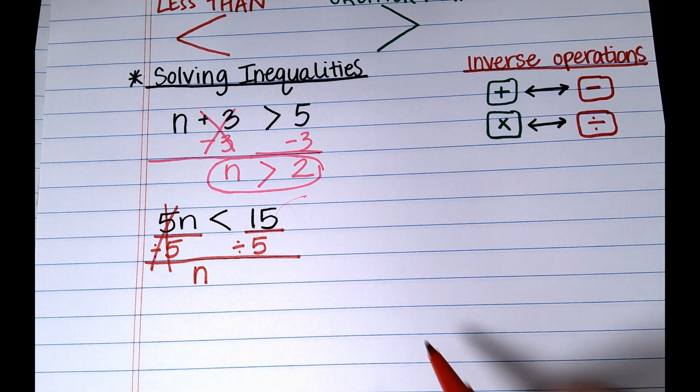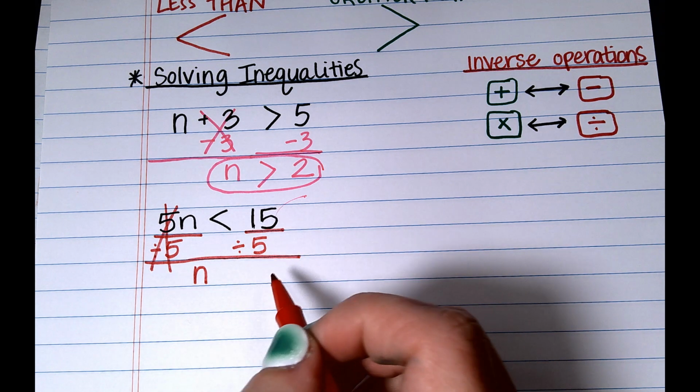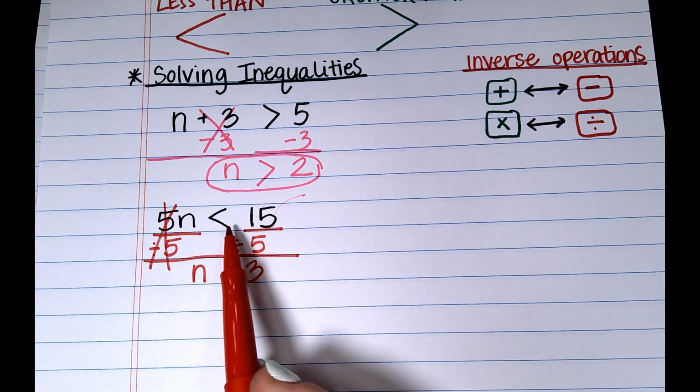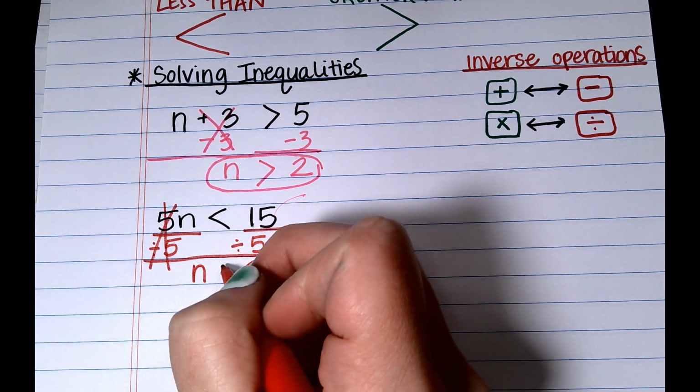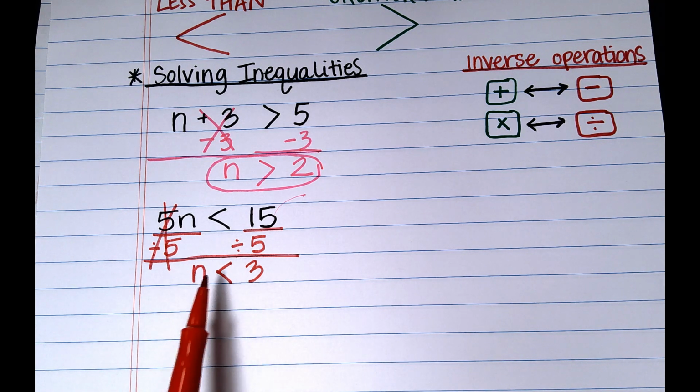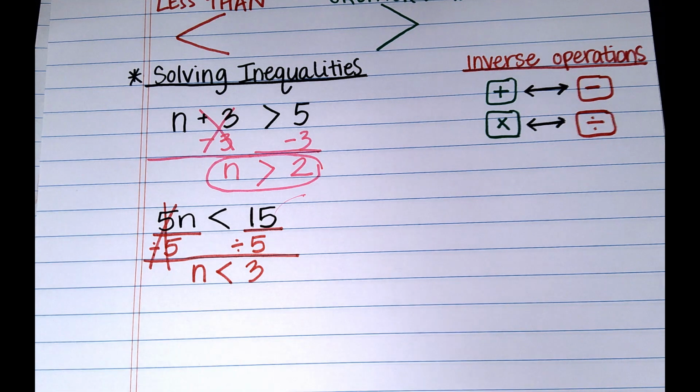What should I do next? And what will that give me? 3. And I just need to bring down my less than symbol. So n is less than 3. Yes. n is less than 3.